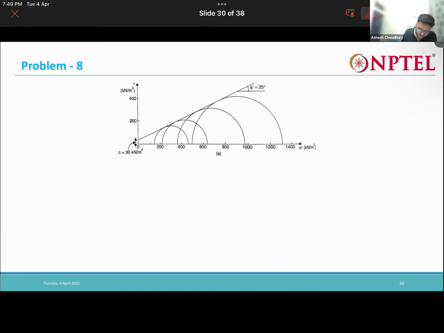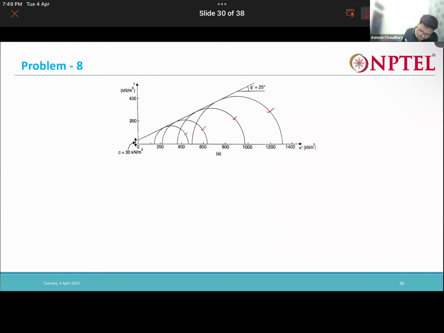As we plot the Mohr circles, you can see these are the Mohr circles that were plotted. For 4 tests, we have this first, 1, 2, 3, 4. 4 Mohr circles are plotted.